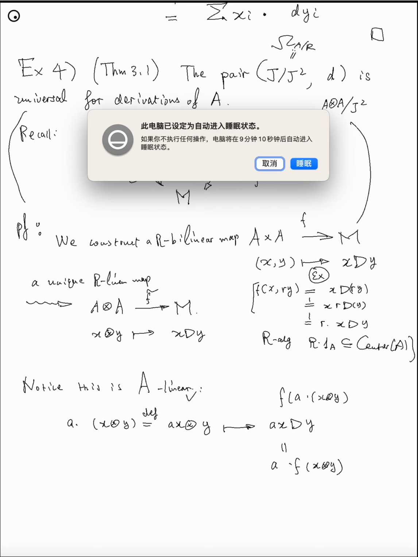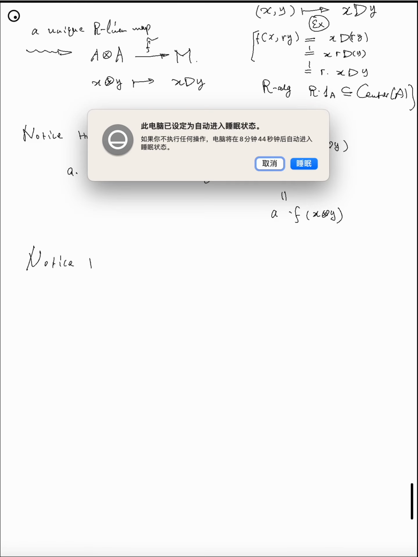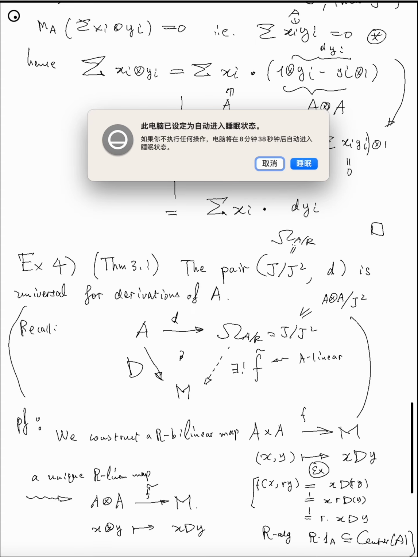And then you notice, what have we done? We have constructed a linear map, not only on J, but on A tensor A. We have to construct one and show the existence, and then you show the unicity.